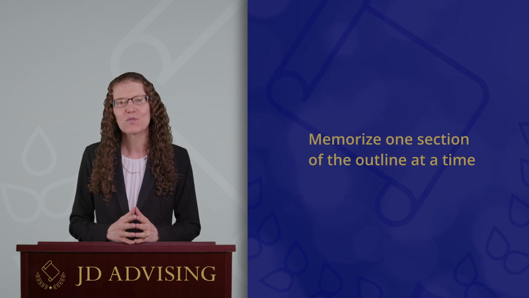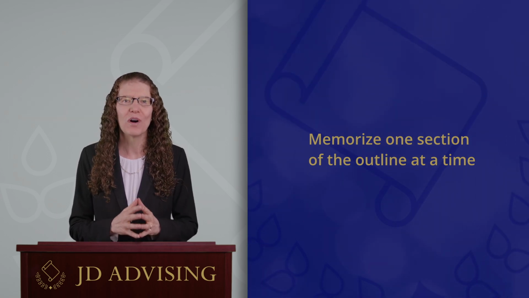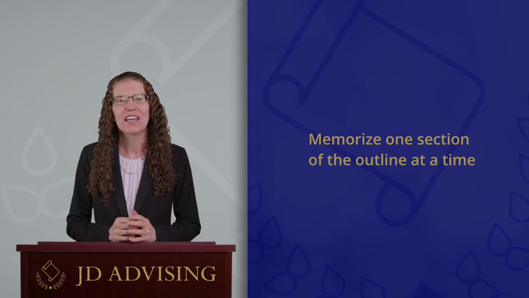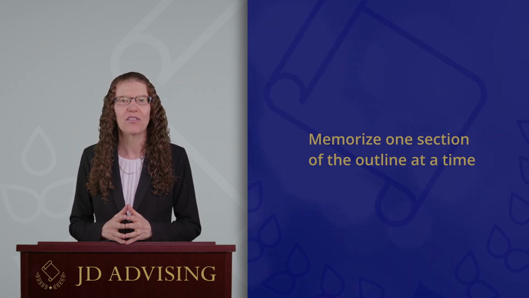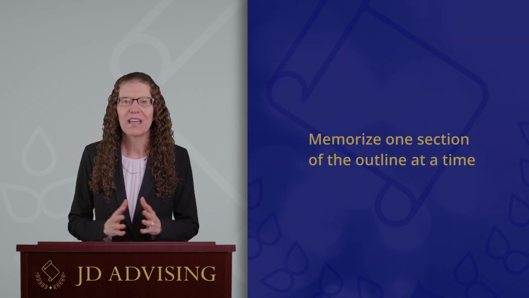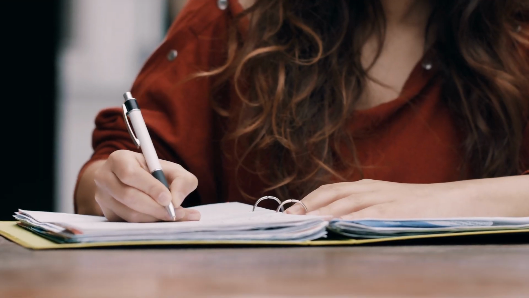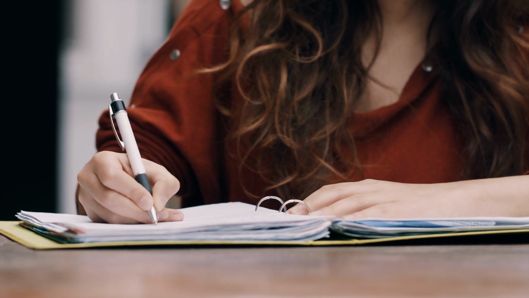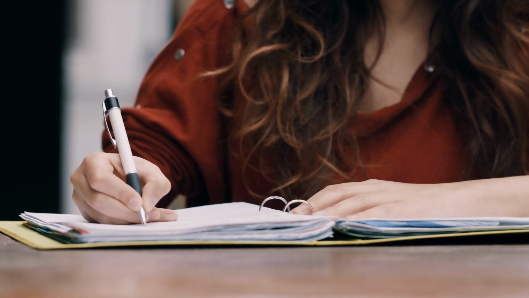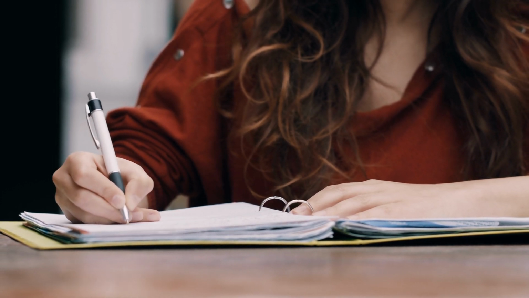Now, the best way to do this is to take one step at a time and try to learn the elements of the law. One way to learn the elements of each intentional tort is to simply cover up the elements and see if you can jot them down or say them out loud.